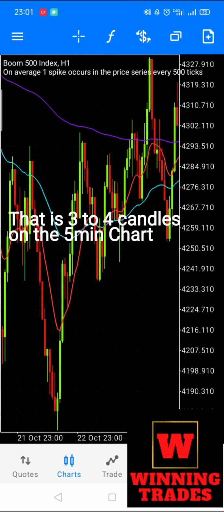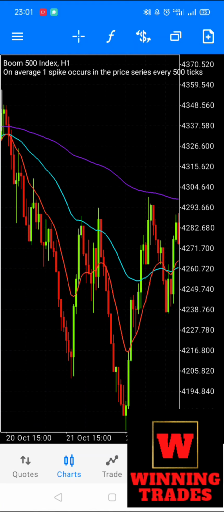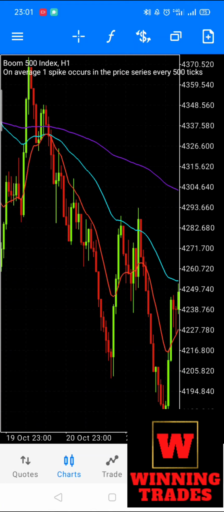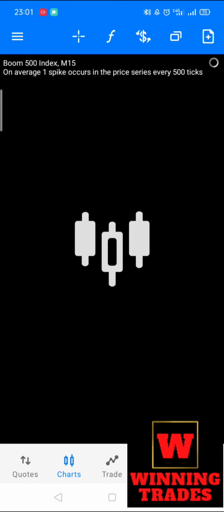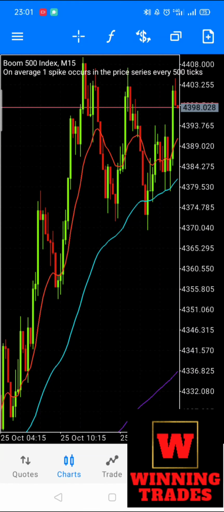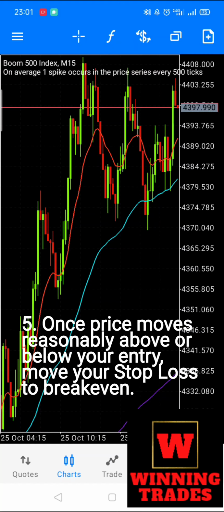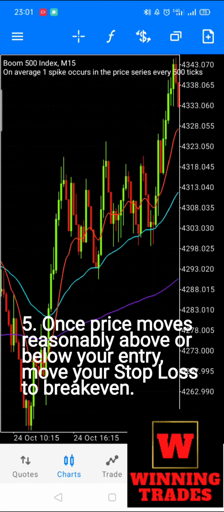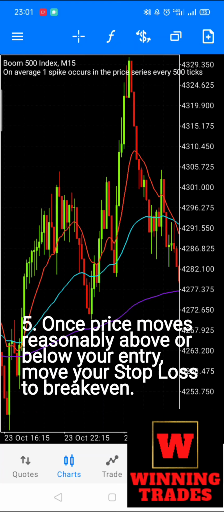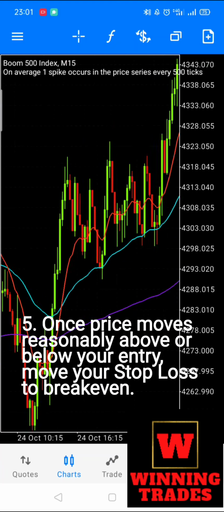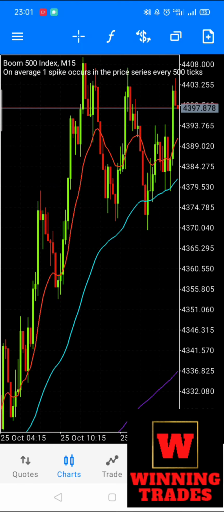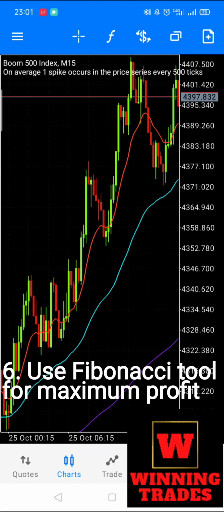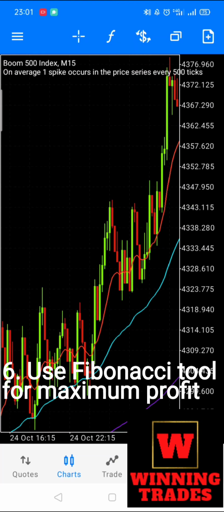Number 5 is that once price has moved reasonably above your entry, move your stop loss to break even so that you can run risk free. Then number 6 is that you can throw your stop loss or simply use the Fibonacci tool to ensure you go home with maximum profit.